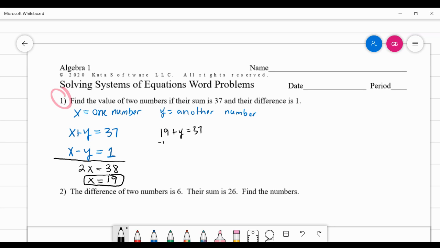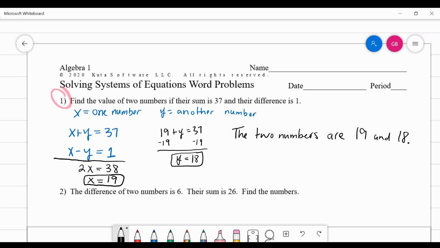So if I subtract 19 from both sides, then y is equal to 18. Okay, that was step 3. And finally, step 4, write your solution in a complete sentence. So the two numbers are 19 and 18.